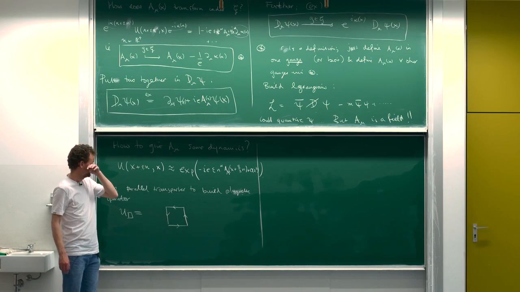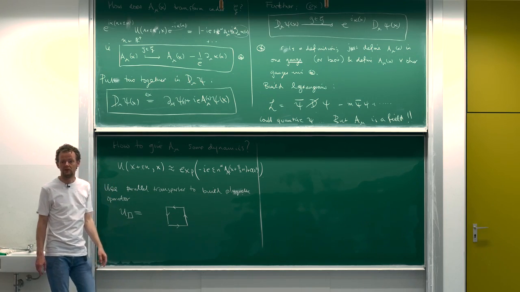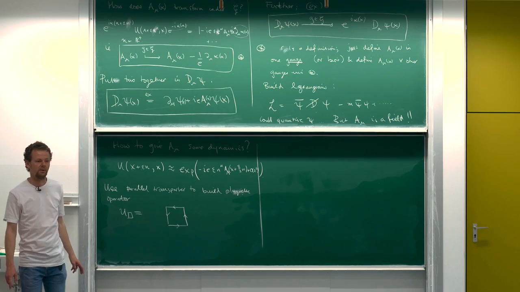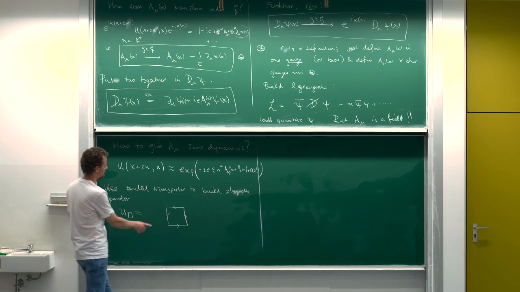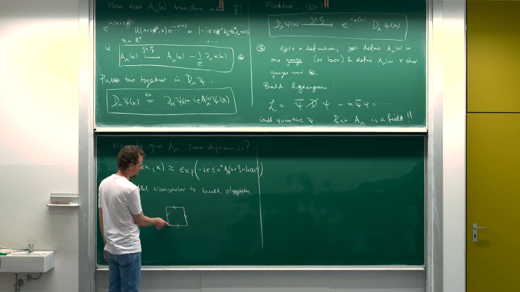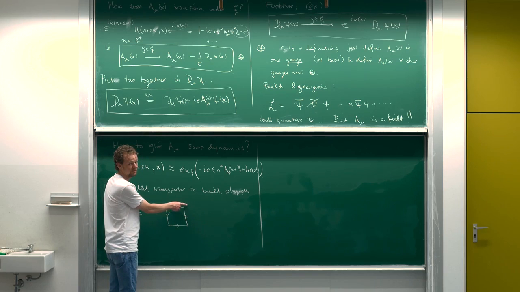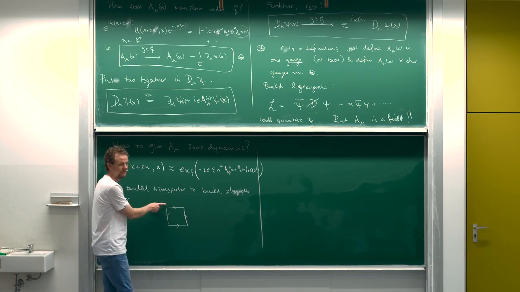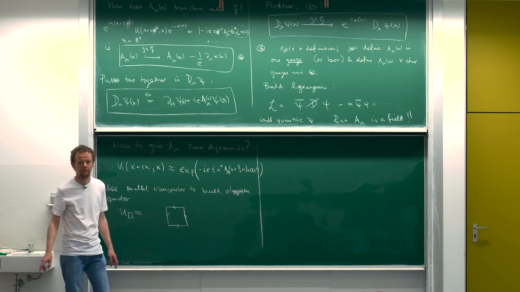Now what happens if we take our field on a little circle, take it on a round trip? Well, we take the field, we're at x, and then we move our field to x plus epsilon x, and then we move it up to x plus epsilon y, and all the way back to where we started.